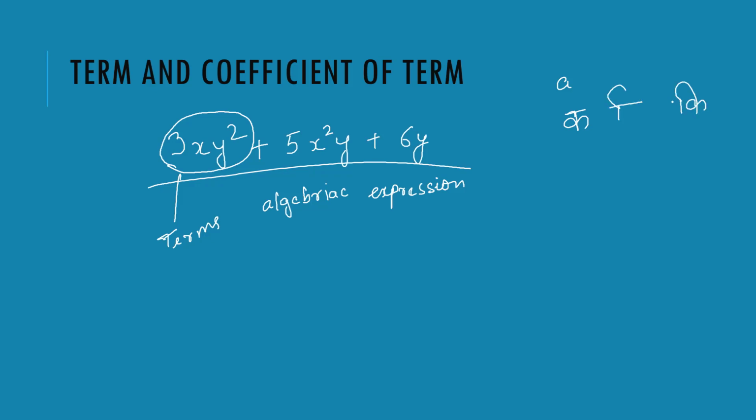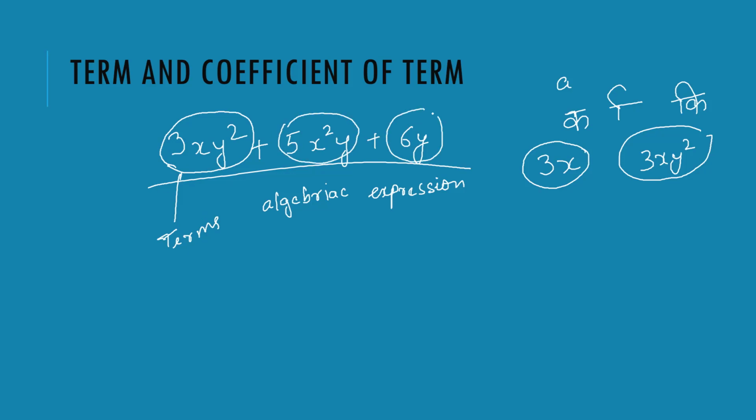So here you have learned 3, which was a constant, and then you have learnt a literal. So this has made it 3x, or it can be 3xy square, kind of a word, which are called terms. Each of these is a term, and this whole is an algebraic expression. So you now know the names of everything.